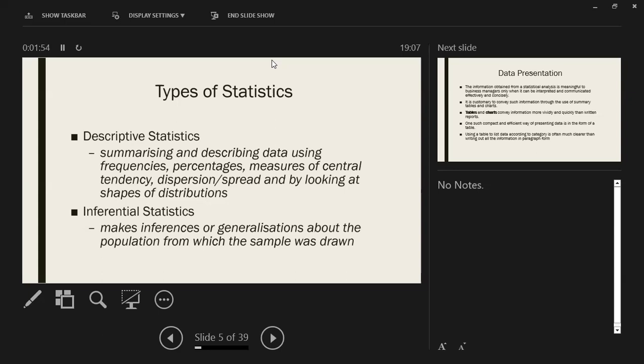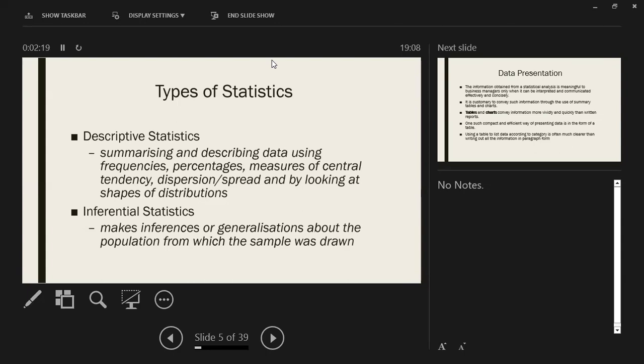You describe or summarize using the frequency, like when we're grouping the data, the percentages, the measures of central tendency, that is maybe your mean, your mode, your median, the measures of dispersion, which we're going to talk about later on, that is your standard deviation, your range, right? And also by looking at the shape of distribution, we're talking about the normal distribution, right?